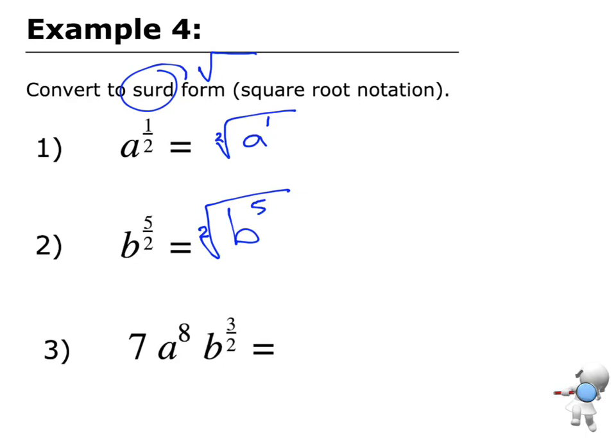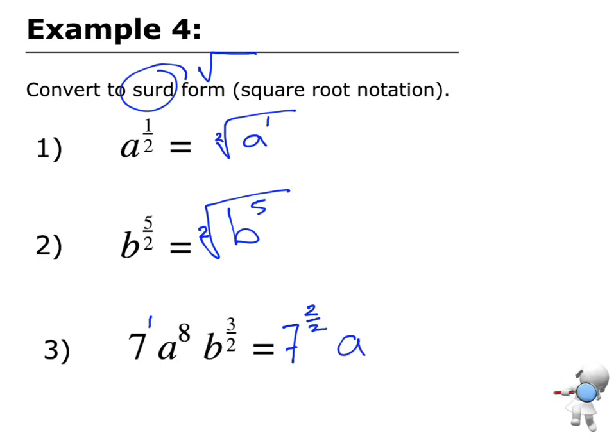Now the same thing for the last one here. So that's 7 to the power of 1. I'm just going to write that 7 to the power of 1 in a slightly different way. I want to have divided by 2 in all of my powers here. So I know that 2 divided by 2 is the same as 1. Same with the a here. So that's got a to the power of 8.